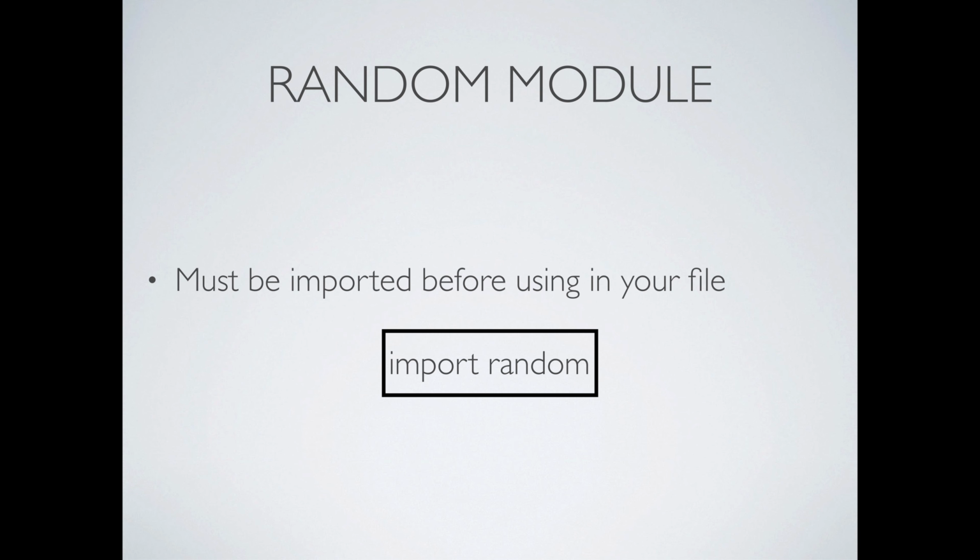Alright, so just like all the other modules that we've talked about, when you want to use the random module, you first have to import it. Now, you can import it in any one of those 3 ways that we've talked about a couple weeks ago. For this video, I'm just going to assume that we did import random, which does mean whenever you use anything from the random module, you need to type random dot in front of whatever you use.